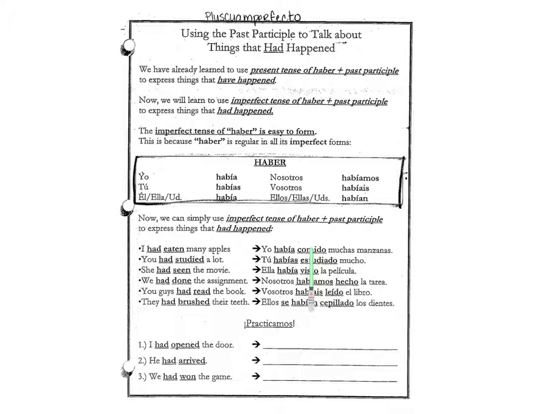You chop off the ER, you add IDO, and you have your conjugation of the verb haber in the imperfect because it's in the past tense. So you had studied a lot. Tú habías estudiado mucho. Comes from the verb estudiar, chop off the AR, add ADO.